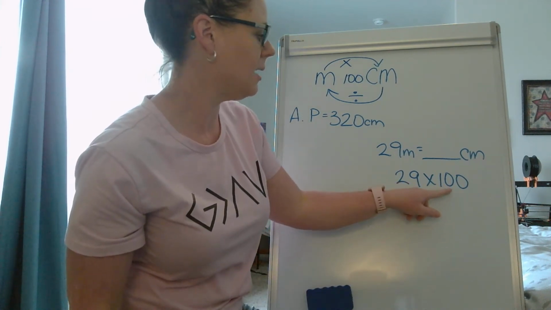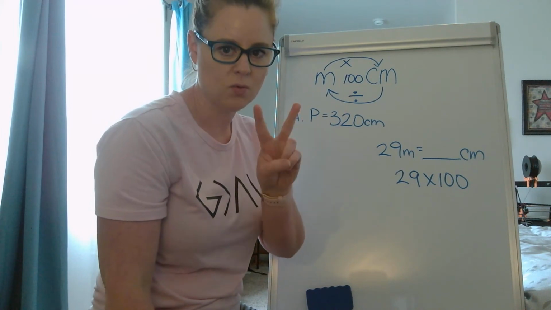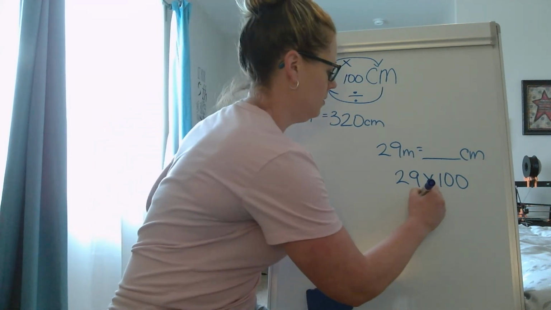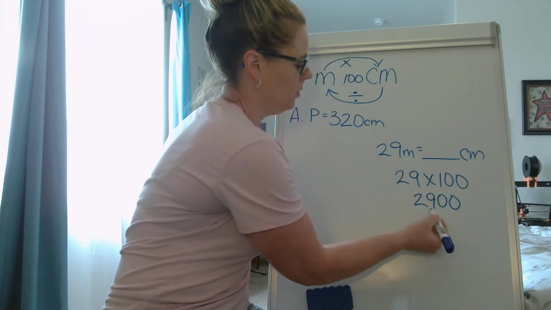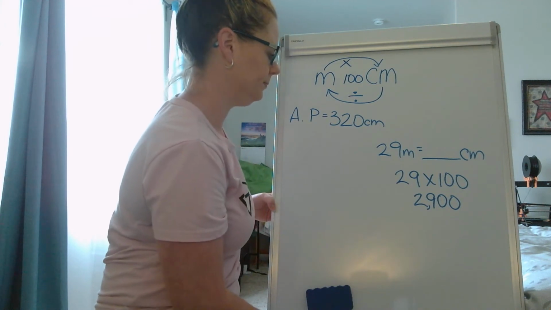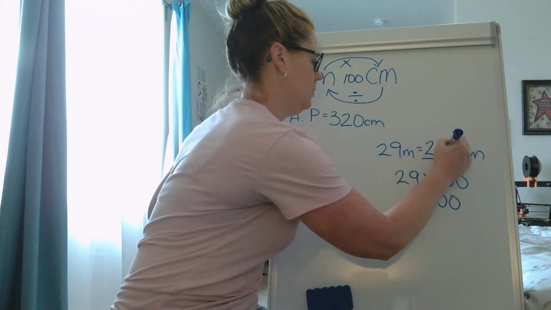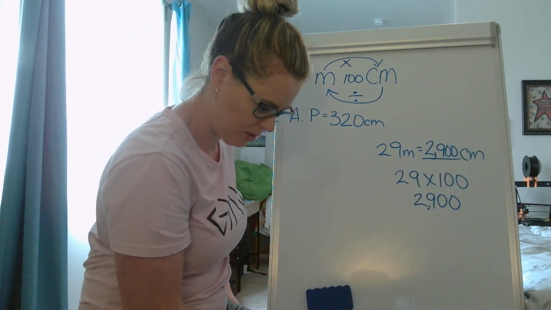So 29 times 100, all you're going to do is add 2 zeros to 29. So 2,900 centimeters is what she has.